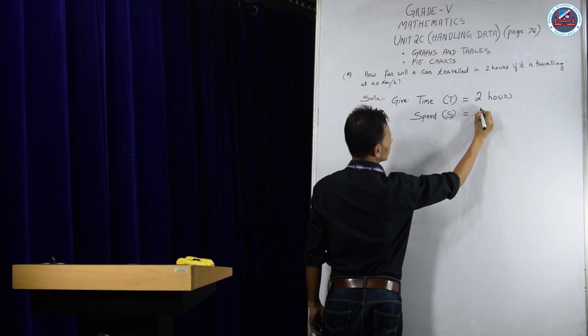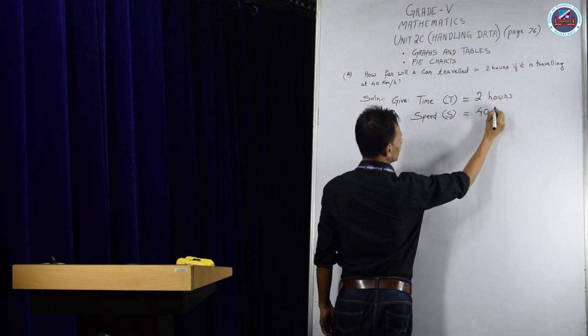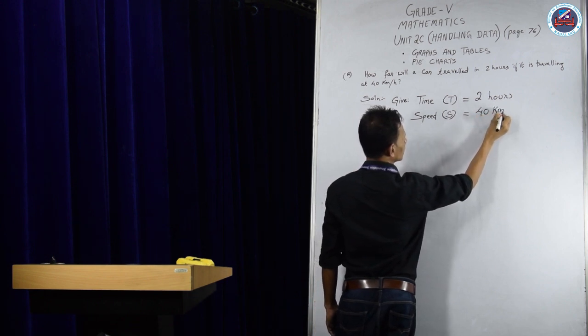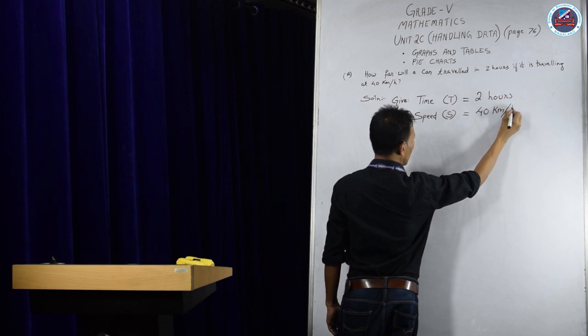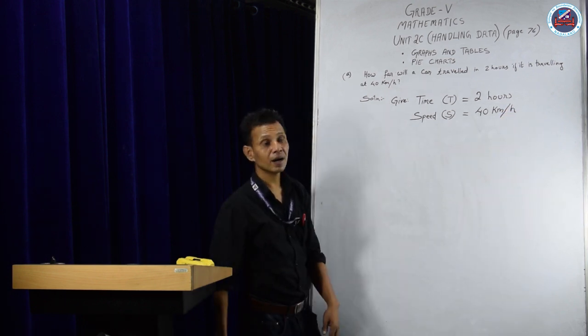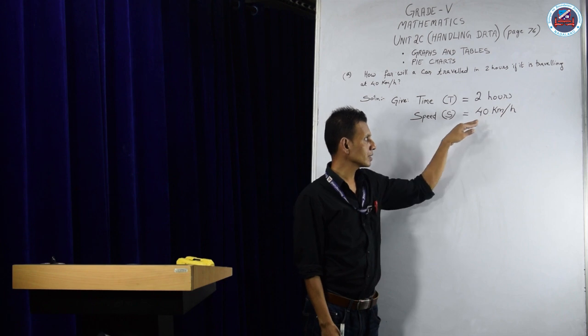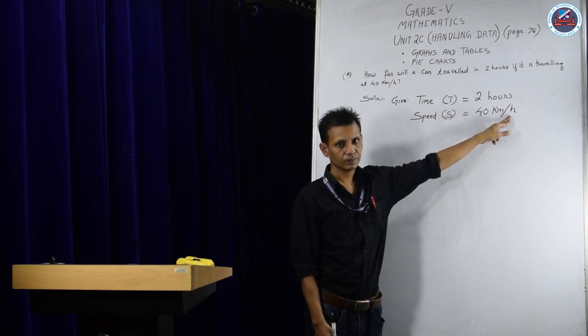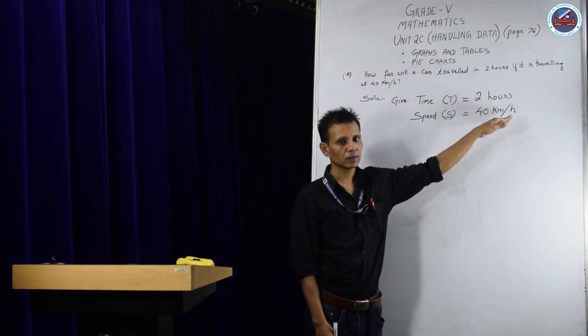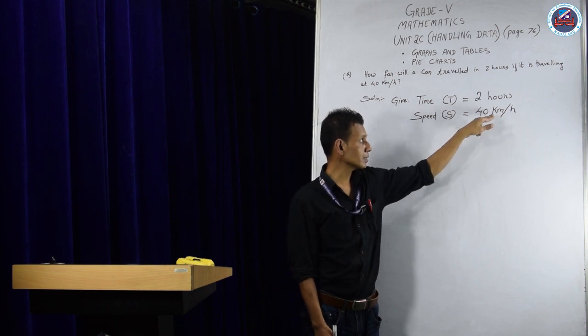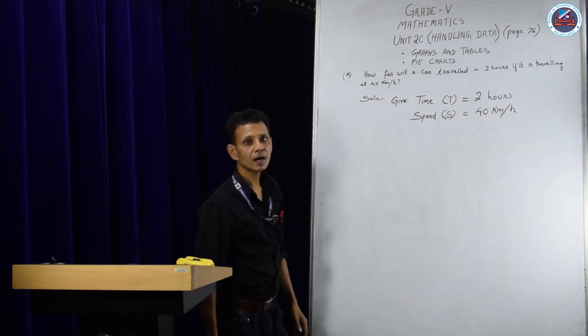Speed is equal to 40 kilometers per hour. Per hour means 40 kilometers divided by hour. You just write per hour. One more time, 40 kilometers divided by hour.